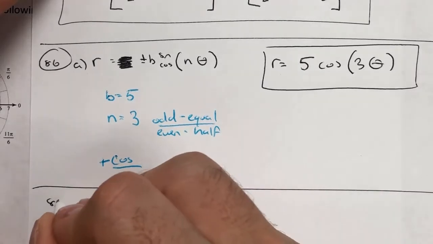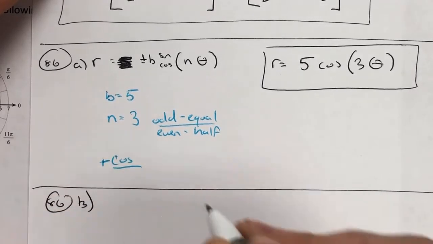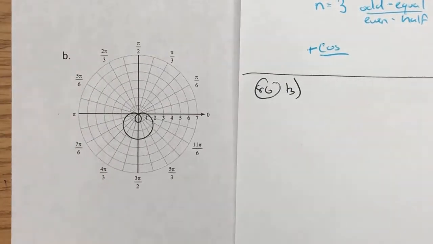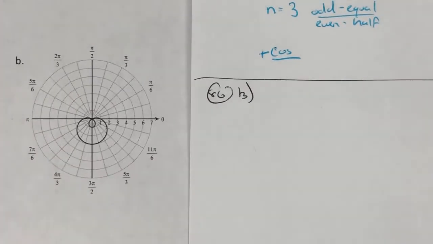Okay. For 86B, oh, that's an awkward one. Let's take a look. Okay. So this is one of the limaçons that we have, and so I need to know a few different pieces of information about this.